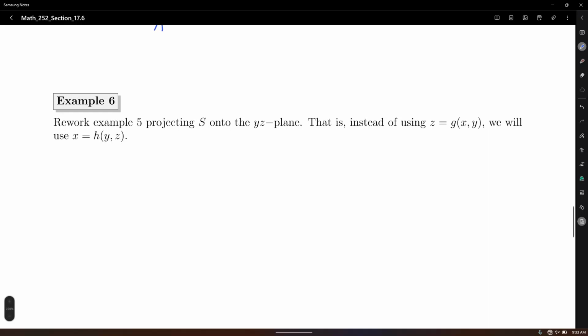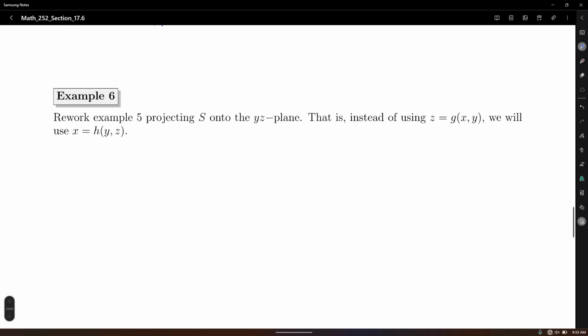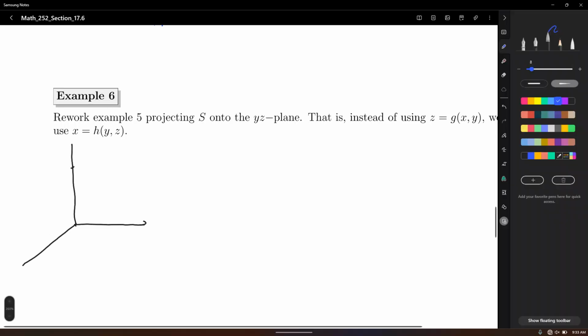So the same plane we got from before, the same plane in space. So that's a 6. That's also 6. And that's 3, right? Okay.